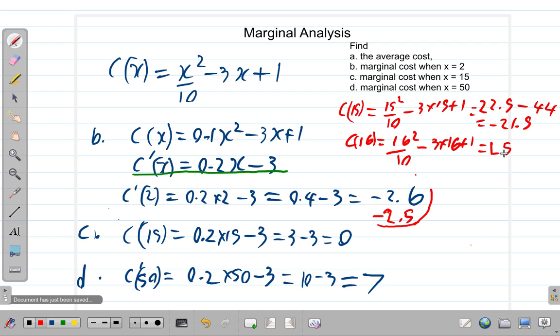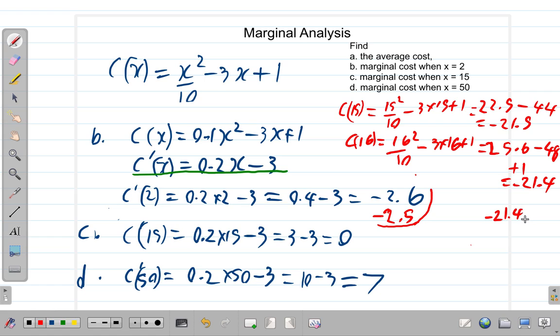So we have 25.6 minus 3 by 16, which gives us 48, minus 48 plus 1. So 25.6 minus 48 plus 1 would give us negative 21.4. Now that is C of 16.